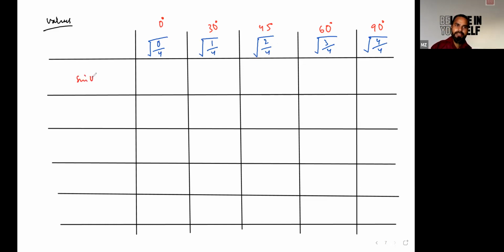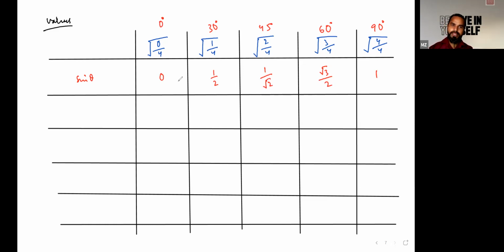So sine theta would be 0 by 4, which is 0, 1 by 4, 2 by 4, which is 1 by 2. If you take the square root, it becomes 1 by root 2. Similarly, this will become root 3 by 2, and this will become 1.